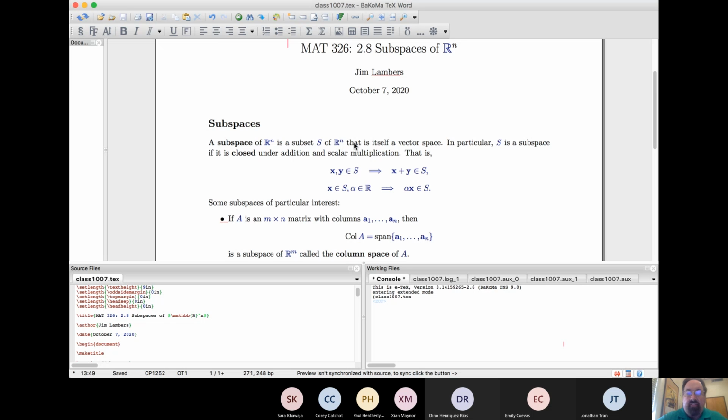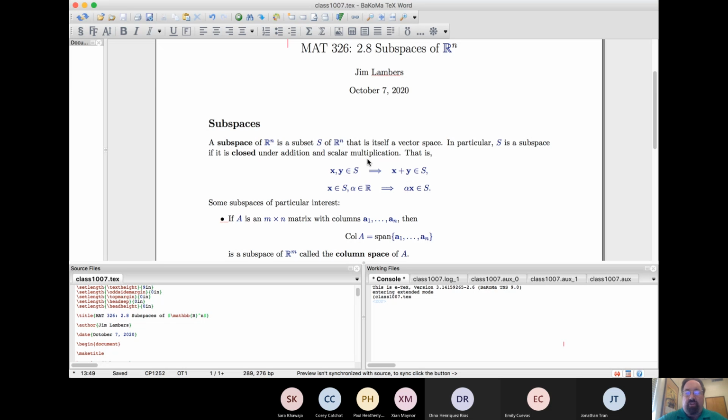All that means is if you have a subset of the vector space Rn and you pick two vectors in that space, then their sum is also in that space. Also, if you take a vector that's in this subset and you multiply it by some scalar, then that too will also be in that set.